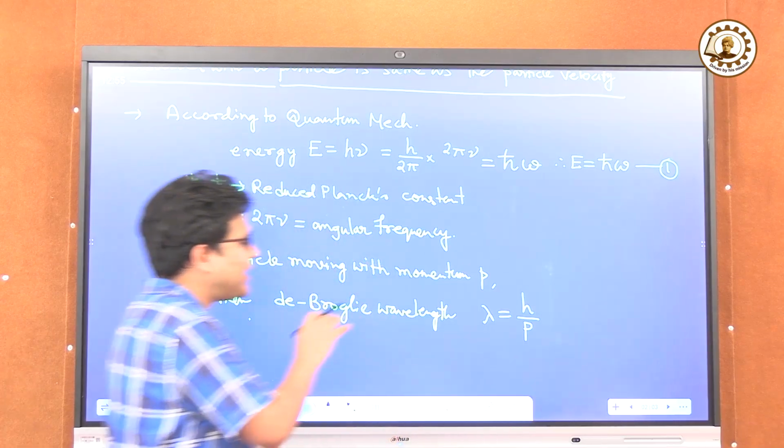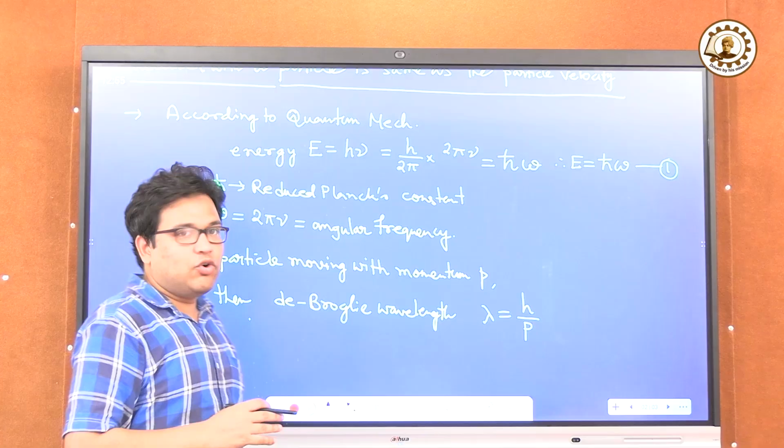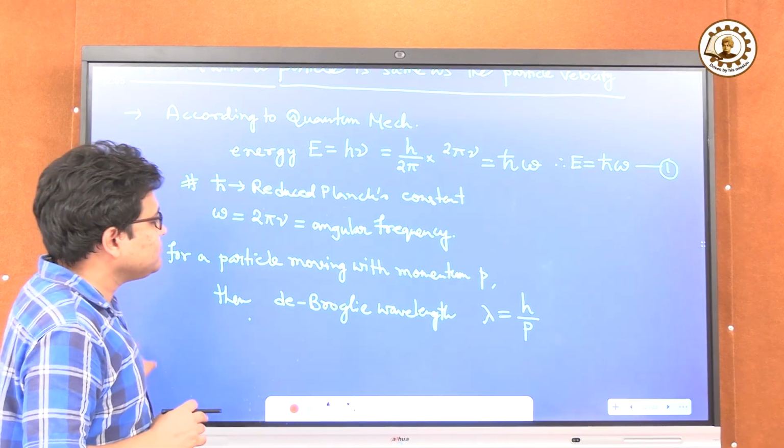It is the mathematical description of the de Broglie hypothesis, right? Lambda equals h over p.